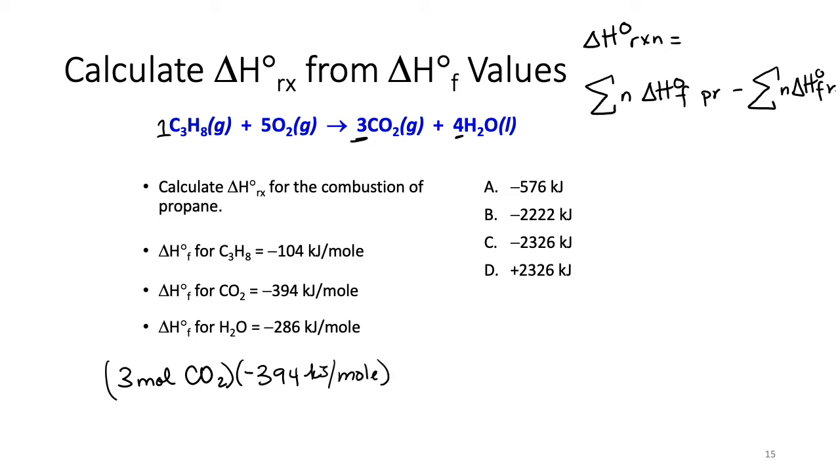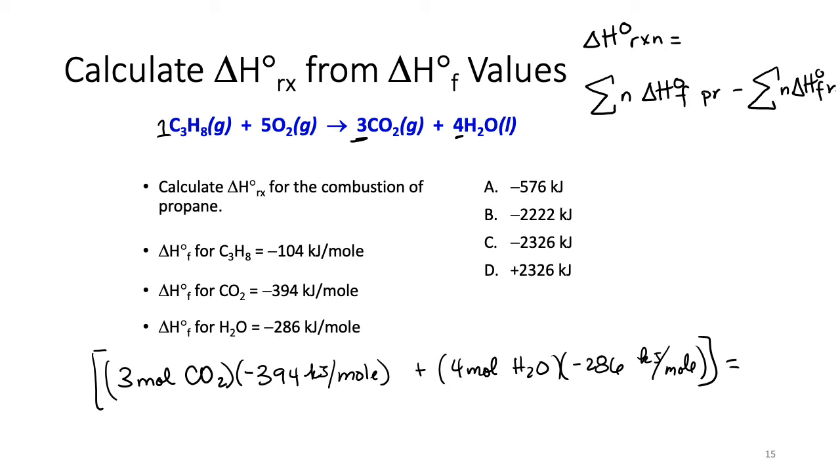To that, I am going to add my 4 moles of water times the value for 1 mole of water. That is going to give me all of my products. That is how I find my products.